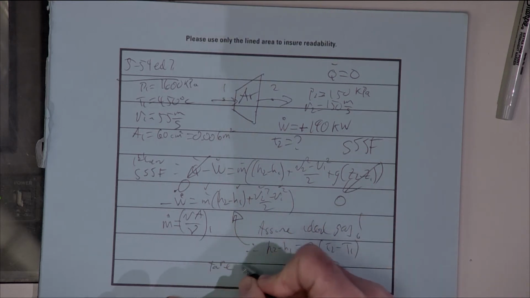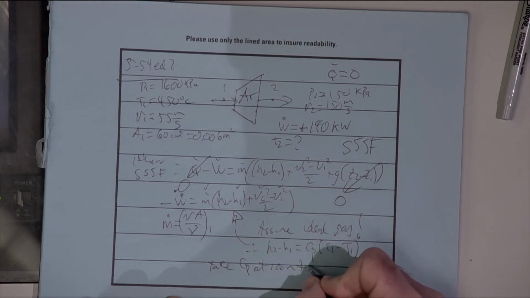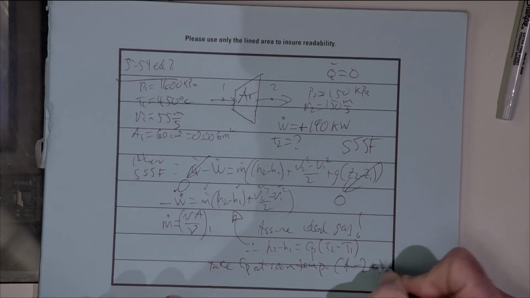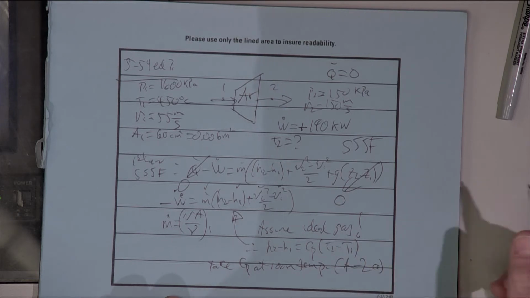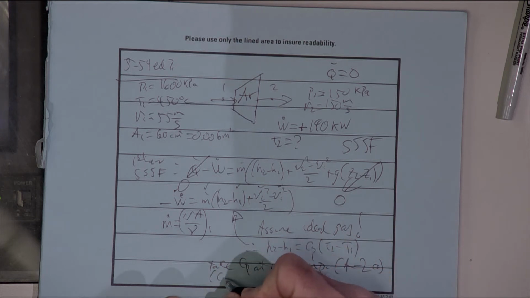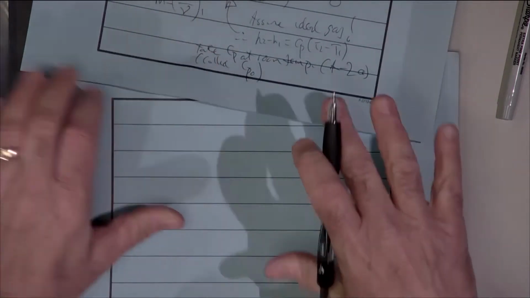I'll just note here that we'll take Cp at room temperature, table A2 part A, and we always call this a Cp, okay? So let's just rewrite the first law again.